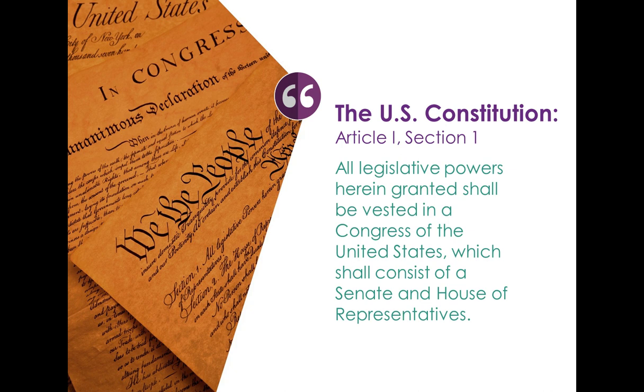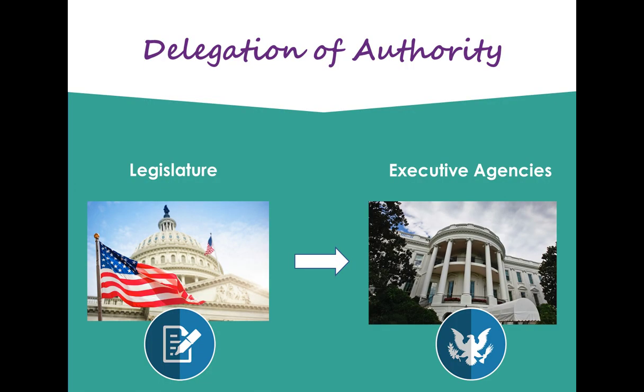State constitutions typically vest the power to make laws in the state legislature, and in many cities and counties, the city charter vests the power to make laws in the city council or other legislative body, such as a board of aldermen. However, a legislative body can delegate its power to make laws to administrative agencies in the executive branch of government.